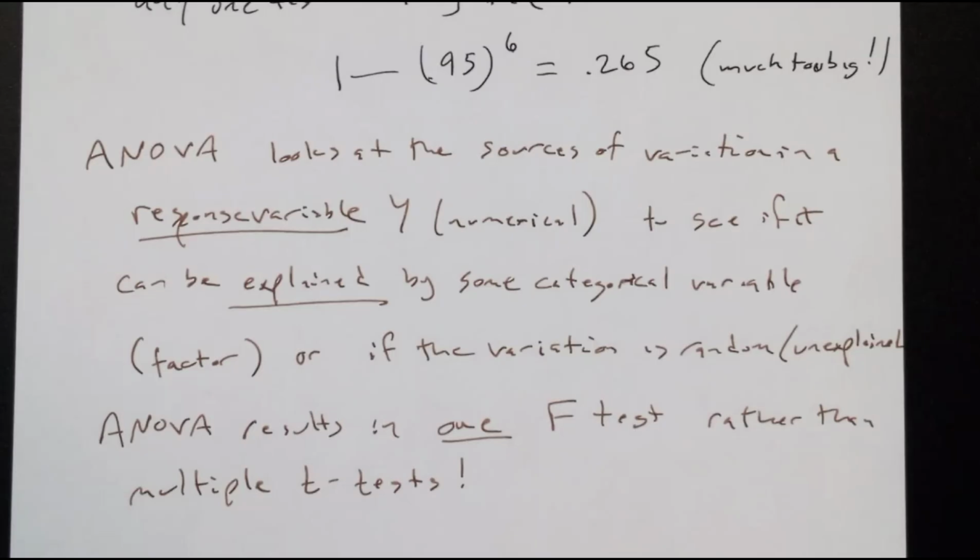I can test for my factor and say, hey, does this factor have some effect on my response? There are some assumptions I have to make. I have to make sure that my observations are independent of one another.